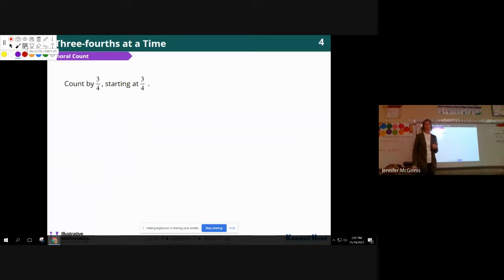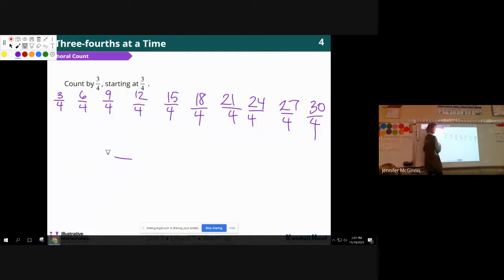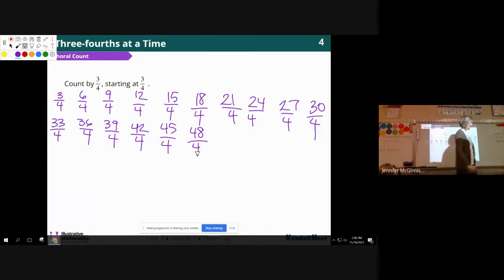If we're going to count by 3/4, we're going to start with 3 fourths. 6 fourths, 9 fourths, 12 fourths, 15 fourths, good. 18 fourths. 21, 24, 27, 30, 33 fourths. 36 fourths. 39 fourths. 42 fourths. 45 fourths. 48 fourths. 51. That's good enough. We went far enough.